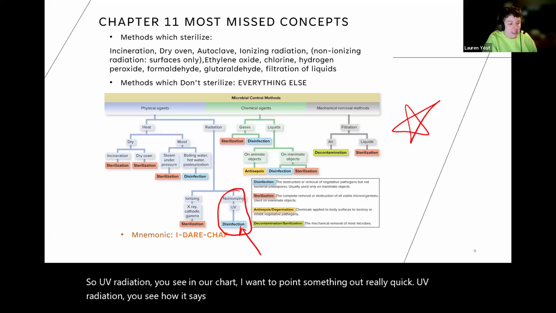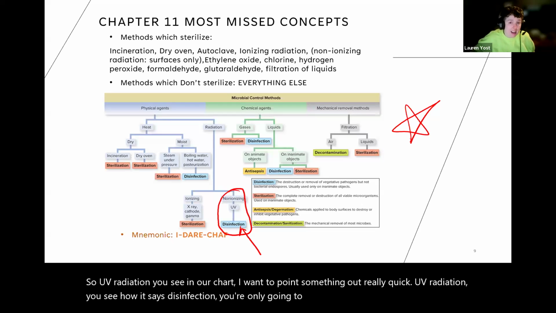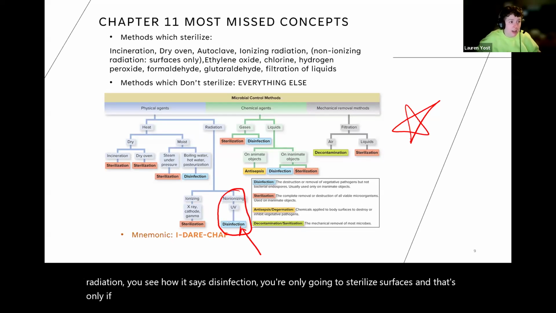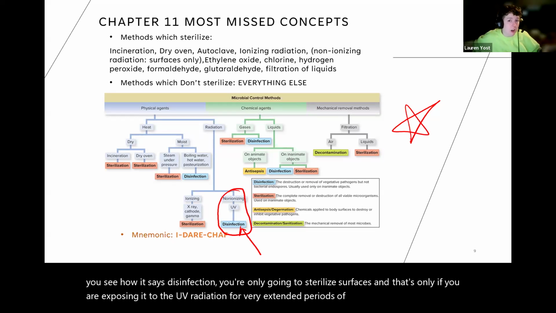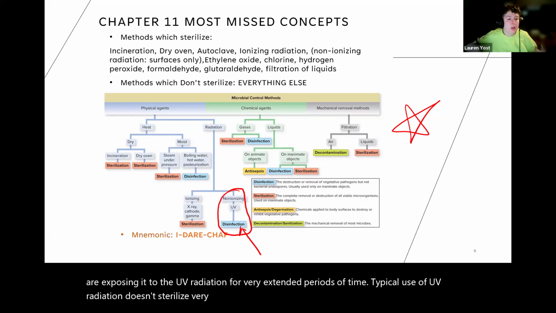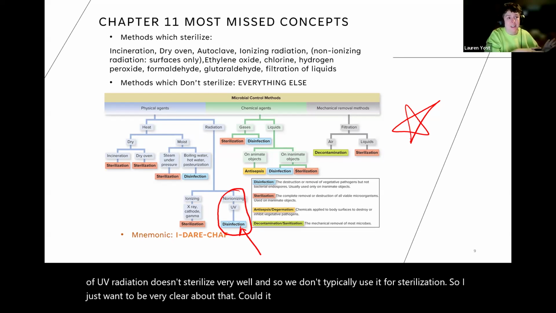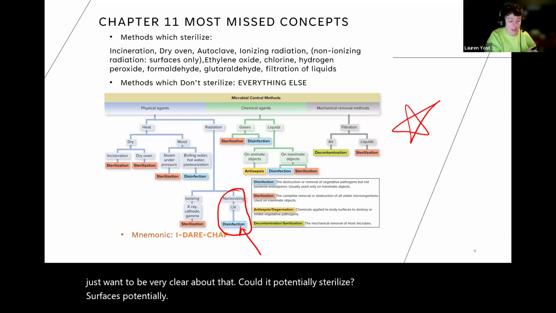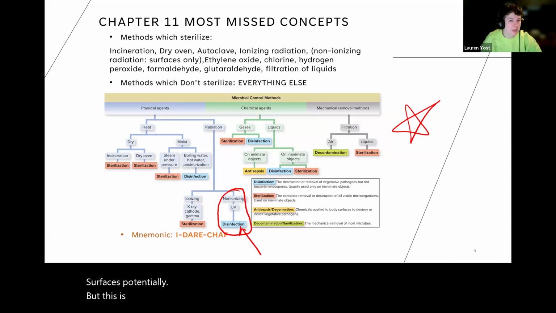You're only going to sterilize surfaces, and that's only if you are exposing it to the UV radiation for very extended periods of time. Typical use of UV radiation doesn't sterilize very well, and so we don't typically use it for sterilization. So I just want to be very clear about that. Could it potentially sterilize surfaces? Potentially. But this is long terms of exposure. So this one's kind of like one that's on the fence, the UV one.